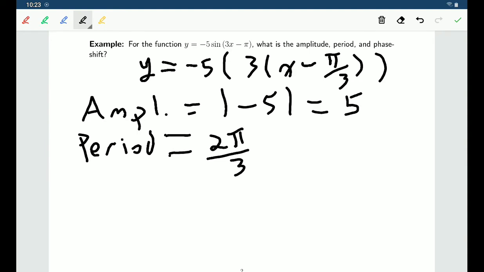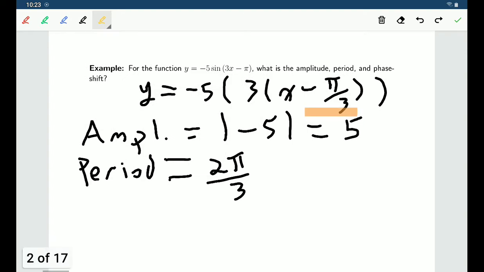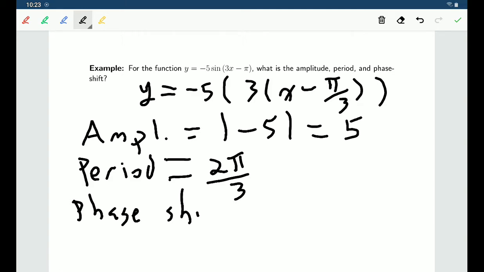Since the 3 is positive, I didn't bother putting absolute values on it. If it was a -3, of course, take absolute value and make it a positive 3 when you're calculating the period. And then finally, for the phase shift, we are shifting our graph to the right by pi over 3, and so that means that we have a phase shift that is positive pi over 3.